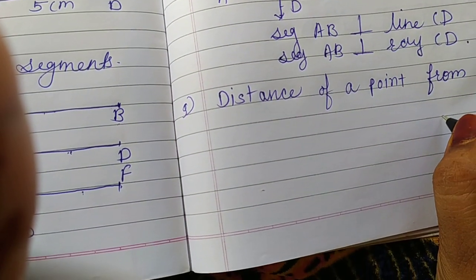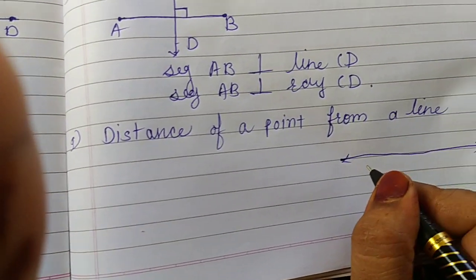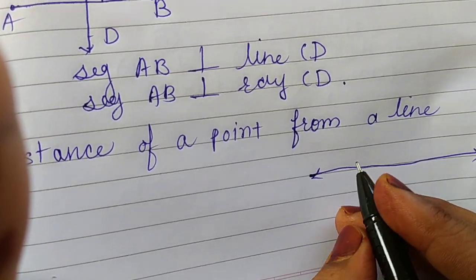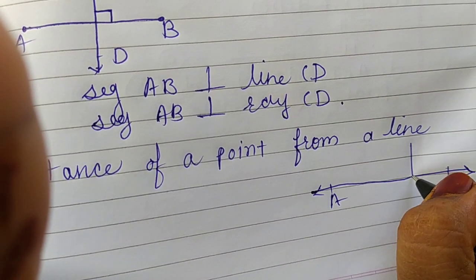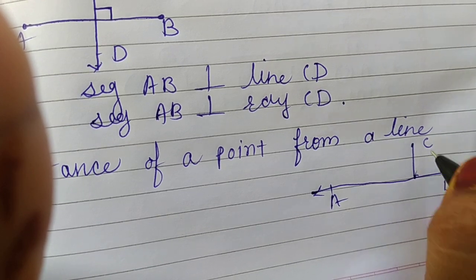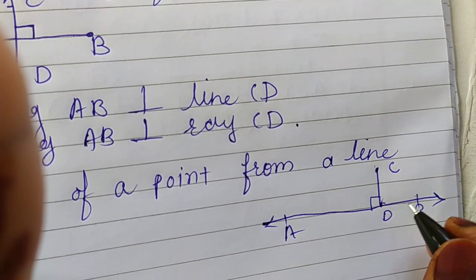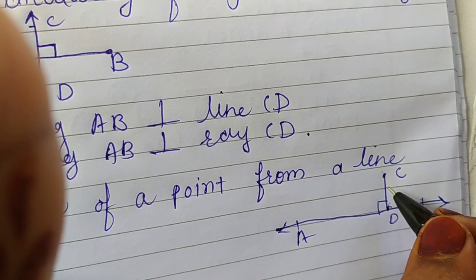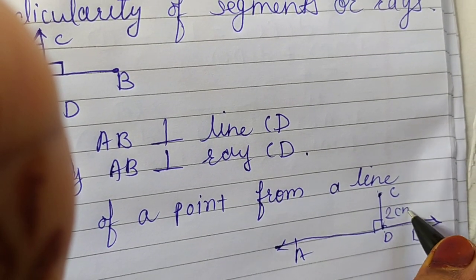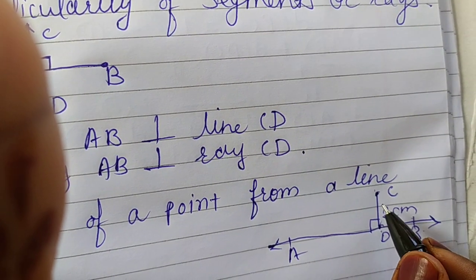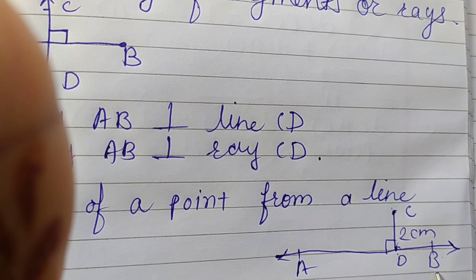If I have a line AB and CD is such that CD is perpendicular to AB, then you can say the length of CD is the distance of point C from AB. If CD is 2 cm, then you can say that point C is at a distance of 2 cm from line AB. This is called the distance of a point from a line.